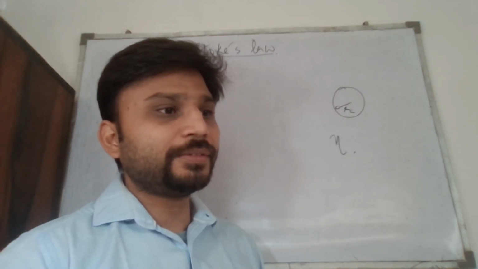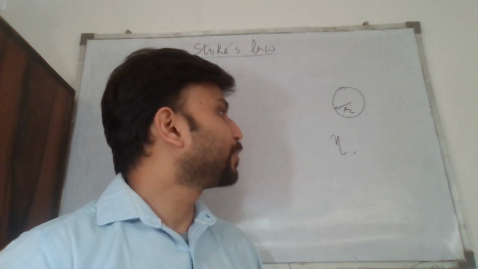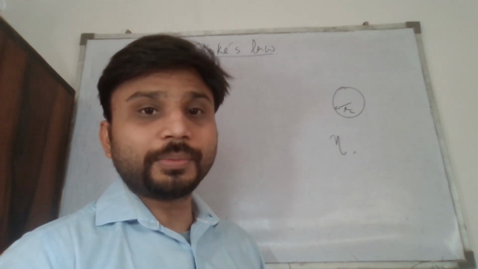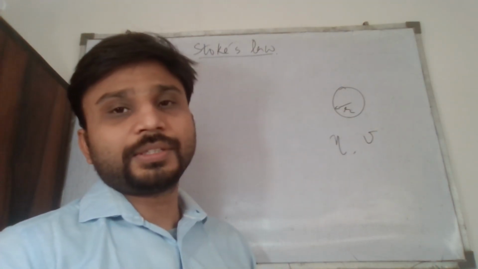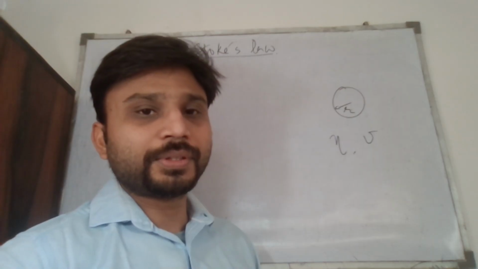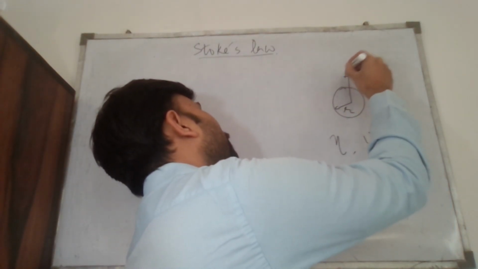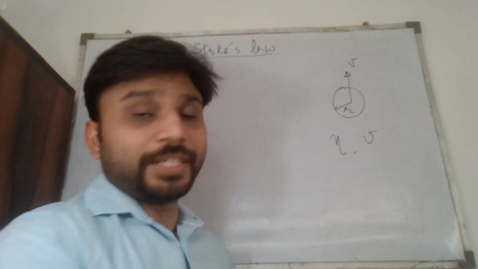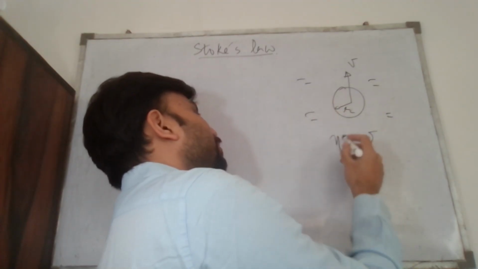We require the speed with which the body is moving. That is also correct, and that would also be involved. So let's say the body is moving in this forward, upward direction in this liquid of viscosity eta.